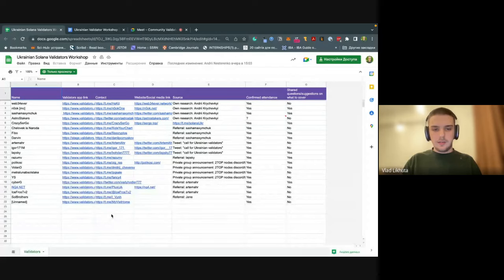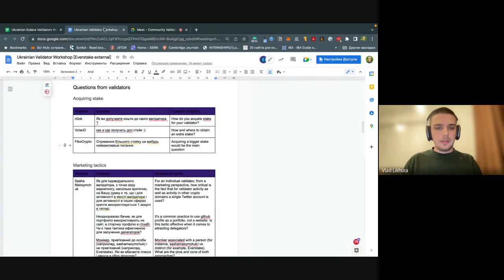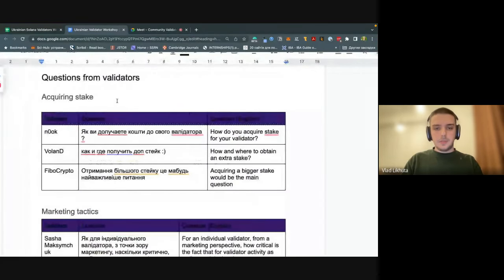It appeared that there are at least 20, even 21 validators, who are very much interested in learning from us in order to become better validators and succeed in their job, because being a validator is a job from our perspective. So we reached out to them and pitched them the idea of a workshop and asked if they're interested. It appeared that they are.